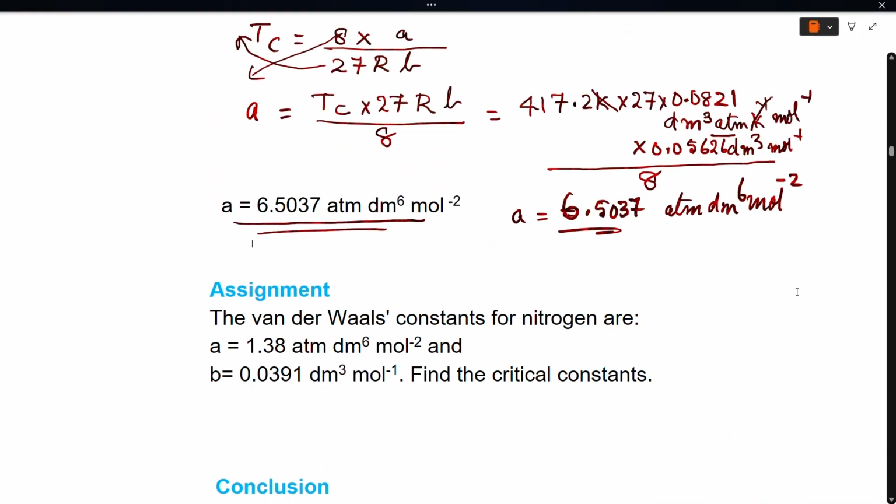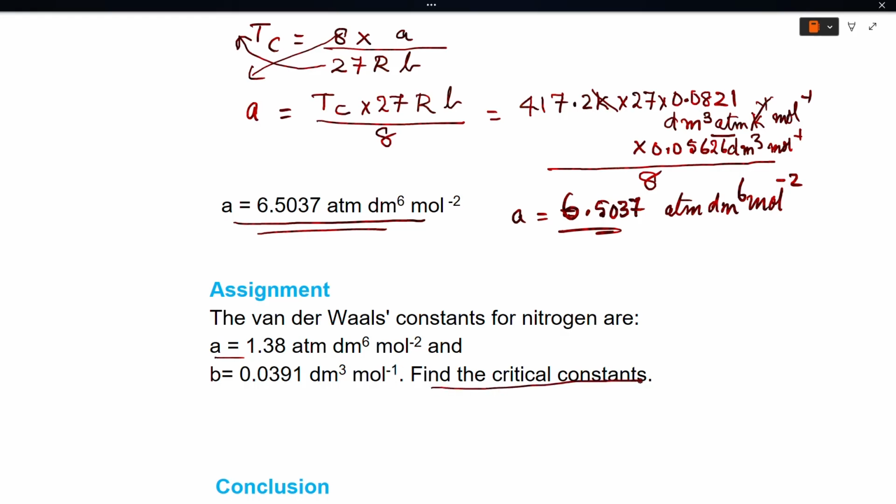Okay. Next, I am providing an assignment which I will be discussing in the next session. The van der Waals constants for nitrogen are A is equal to 1.38 atmosphere decimeter raised to 6 mole raised to -2 and B is equal to 0.0391 decimeter cube mole raised to -1.